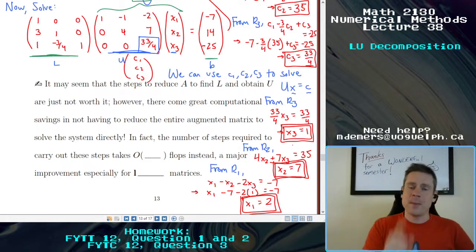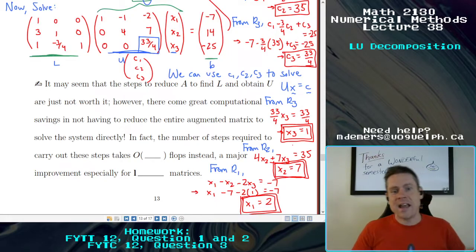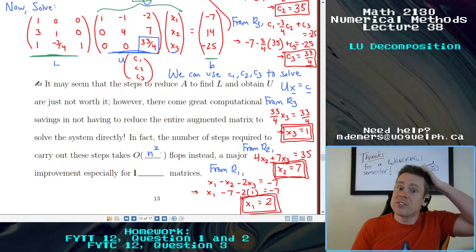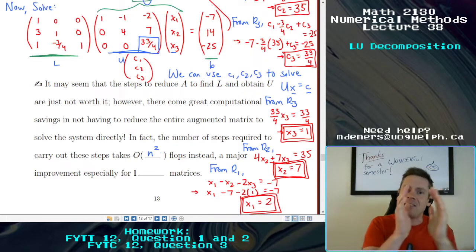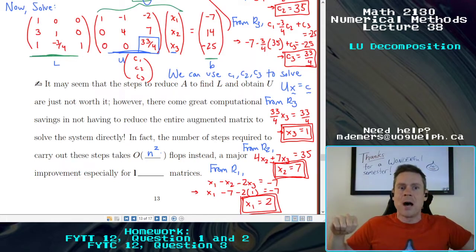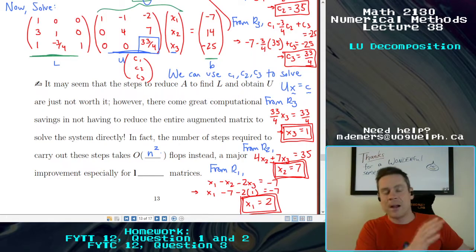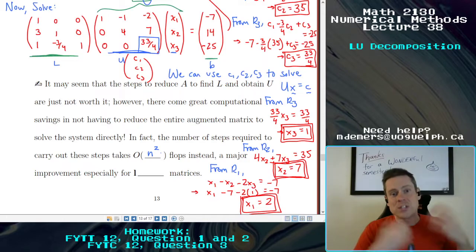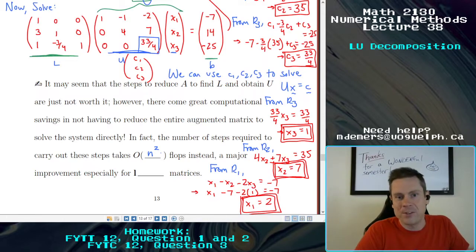By using this method, you take that n cubed and you reduce it to n squared. You might not notice, right? The number of steps, especially for a small matrix, might be the same or even more. But the fact is that as the matrix scales up, as we deal with bigger and bigger problems, it becomes relatively less work to find the solution as compared to regular Gaussian elimination, which gives you some computational payoffs.